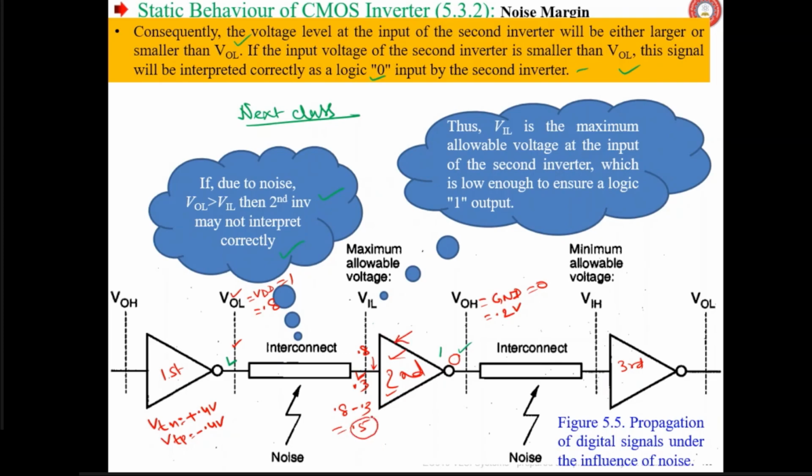If your Vin should actually be 1 volt, but due to noise and other reasons it is 0.5 volt. What will be the state of the P MOSFET? And what will be the state of the N MOSFET? So this input for the second inverter may not be interpreted correctly and a wrong output may be given. So these interconnects are issues.